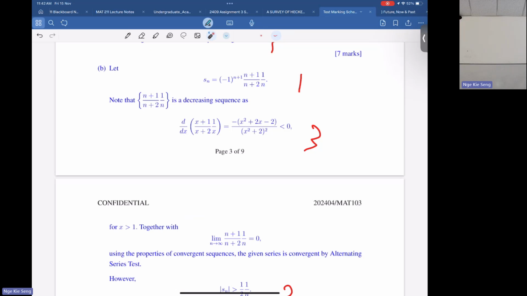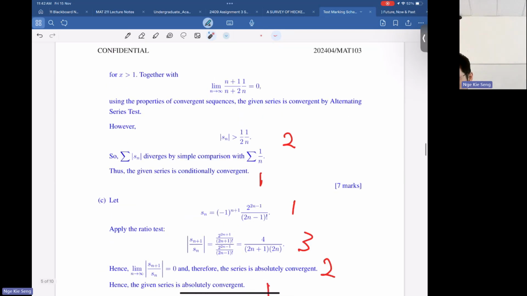You proved in the assignment that if this function is decreasing, then the corresponding sequence is also decreasing. You can use these two ways. So B is conditionally convergent.